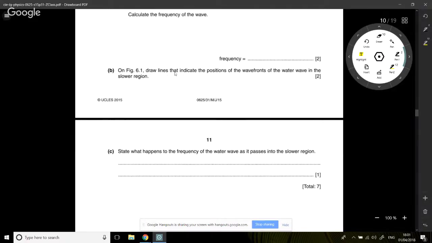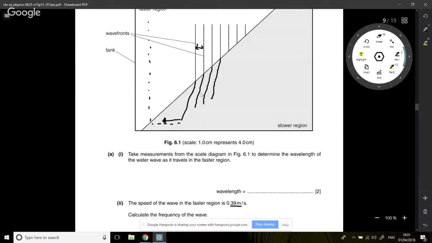Draw lines that indicate the position of the wavefronts of the water waves in the slower region. Here's a bit of a bad drawing, but these lines should be nice and parallel and swept slightly backwards. If you imagine this wavefront over here, when it first entered this region, it had to travel a longer distance as opposed to a point over here.